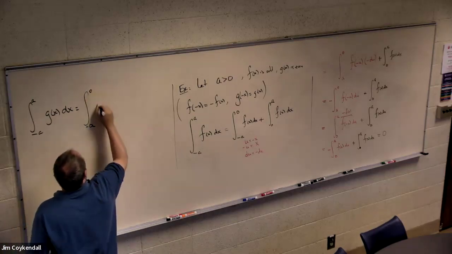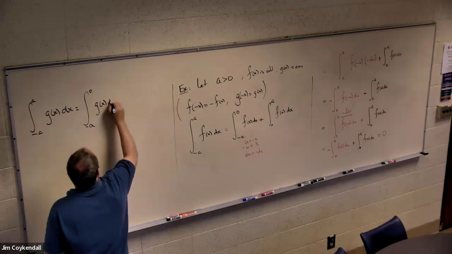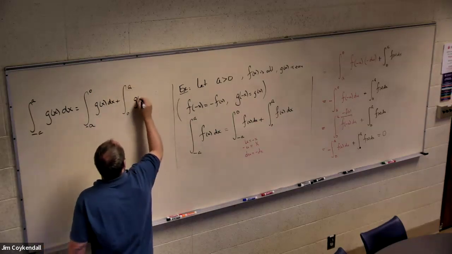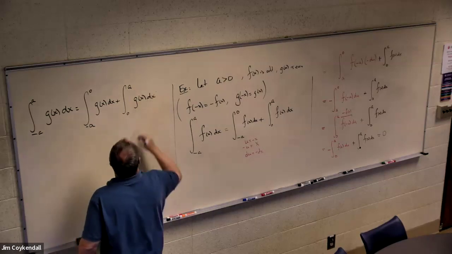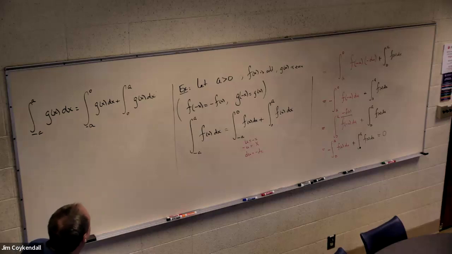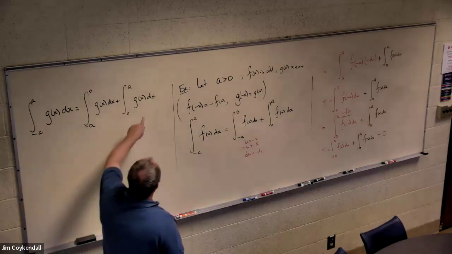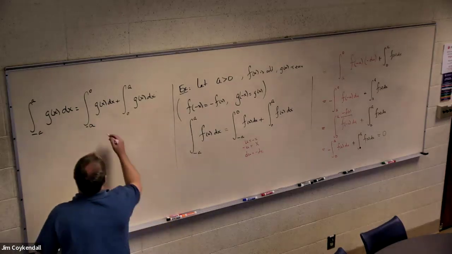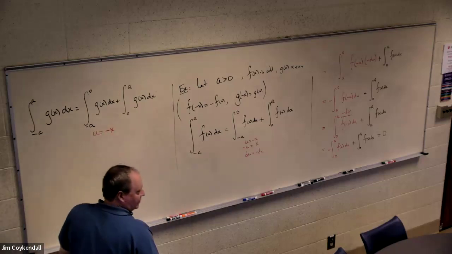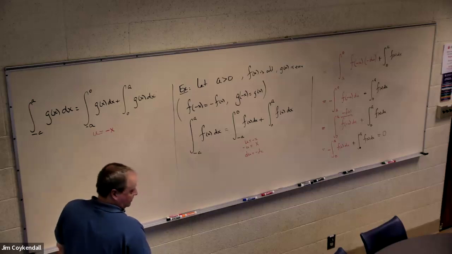Minus a to 0, g of x dx, plus 0 to a, g of x dx. And I'm going to do the same thing that I did before in the following sense. I'm going to leave the second one alone. And for the first one, I'm going to do again the substitution u equals minus x.